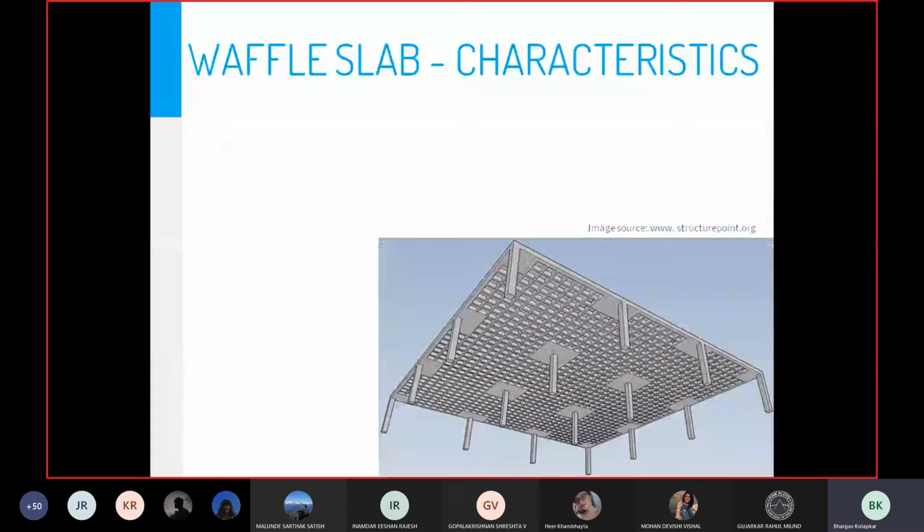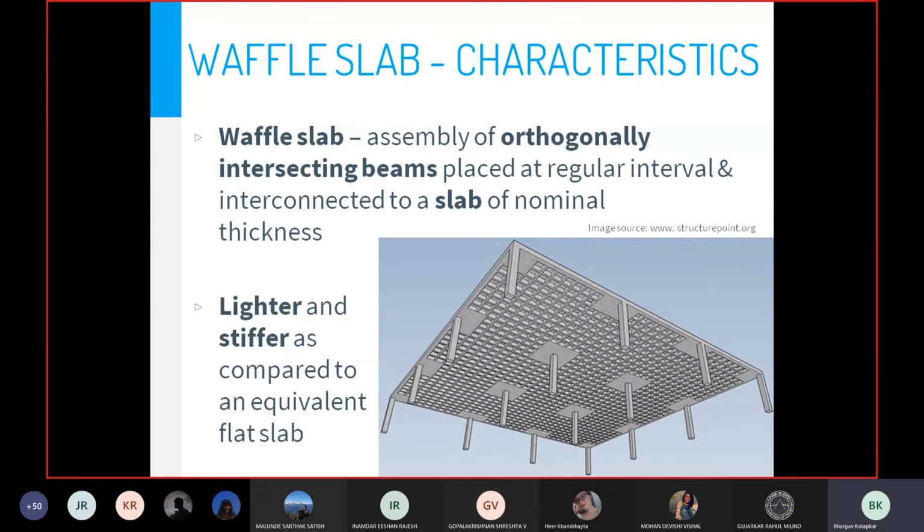So, looked at before, waffle slab. A waffle slab is nothing but an assembly of orthogonally intersecting beams placed at regular, and I would like to add close intervals, and interconnected to a slab of nominal thickness. So perhaps you have this definition by heart as of now. Now, when we are placing the beams close to each other, what we are structurally doing is we are stiffening the system.